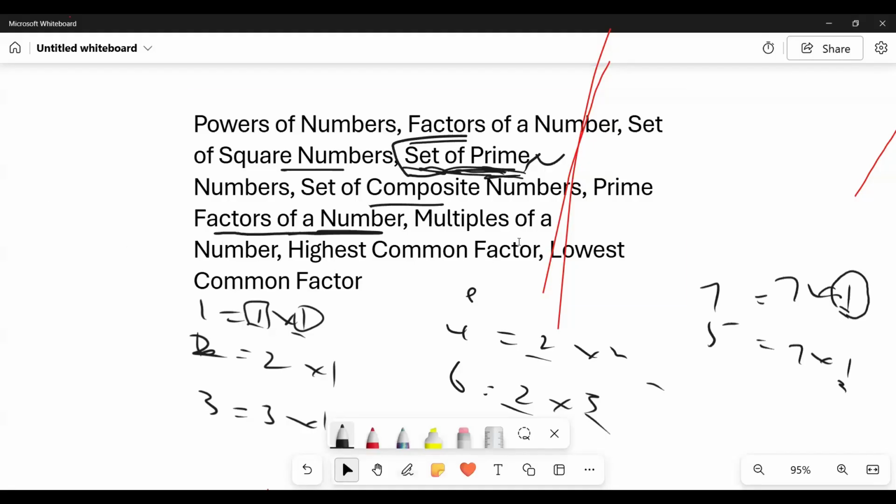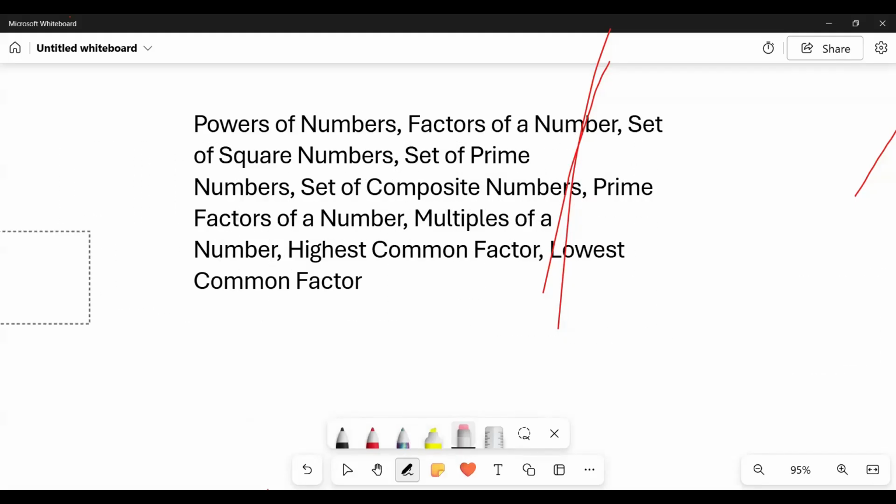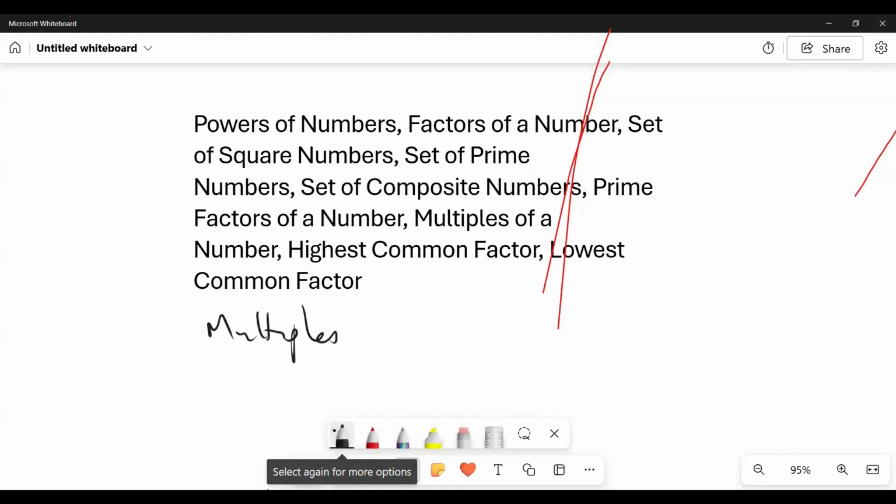All know what are multiples of numbers. Multiples of 2, what do we mean? Well, 2 times any natural number, 2n.